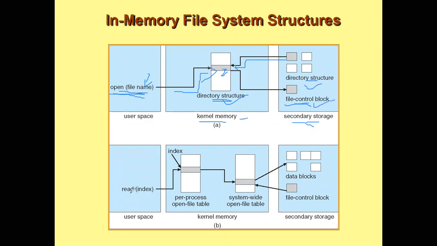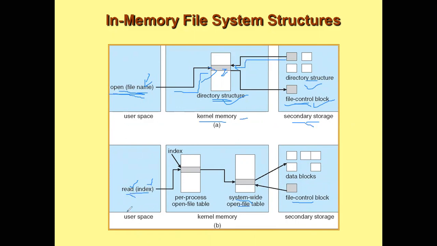Coming to read. In read we have to pass an index which is unique to that particular file. So look at this, guys. You have a file control block, right? As I said, each copy of the file control block will be stored in the system wide open file table. So you know that to read you should have already opened a file.